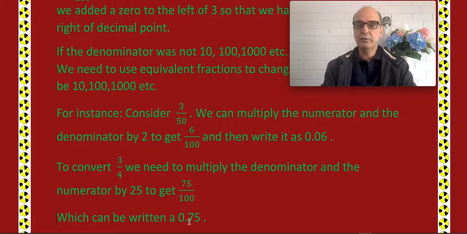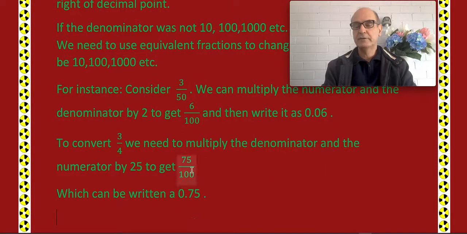So 3/4 can be written as 75 over 100. Now again, this can easily be turned into a decimal. Write your numerator, 75. Look at your denominator: how many digits do you need to the right of your decimal point? How many zeros do you have? 1, 2. So you need 2 digits to the right of your decimal point, and you already have 2 digits, 7 and 5. Then the decimal point goes here, and you add a 0 to the left.